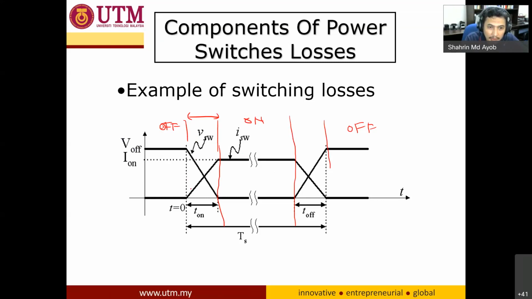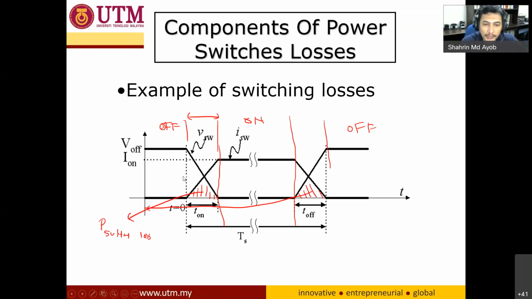As you can see here, there is an overlap between the voltage and the current, and also here there is an overlap between the voltage and the current. The overlapping will introduce the switching losses P switching. This is where the switching losses occur.